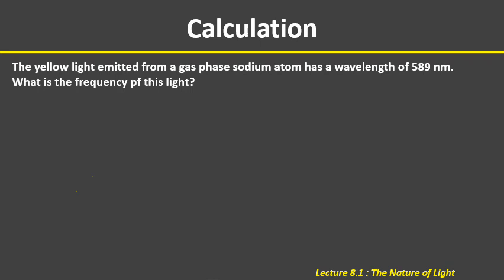Okay, so let's look at this calculation. Let's again start by identifying our variables. That's always a good place to start. So c, since this is light, this is a constant. c is going to be 3.0 times 10 to the 8 meters per second.